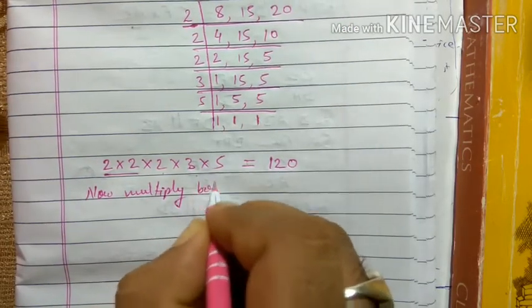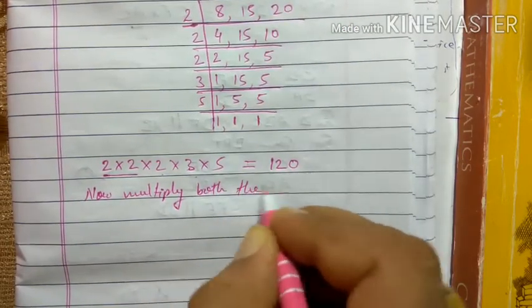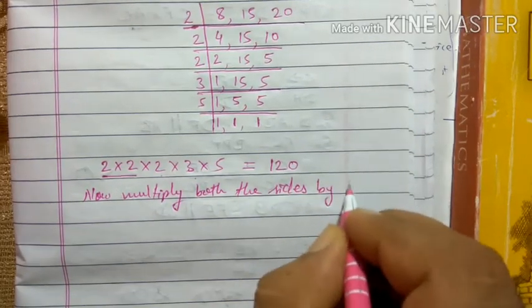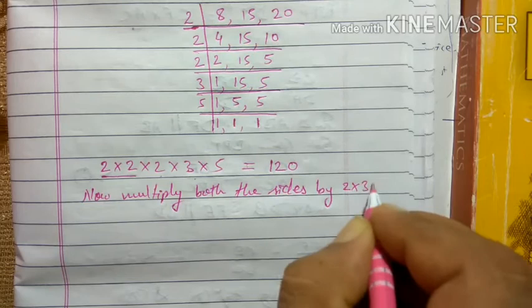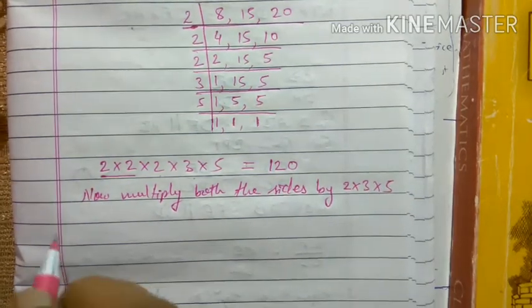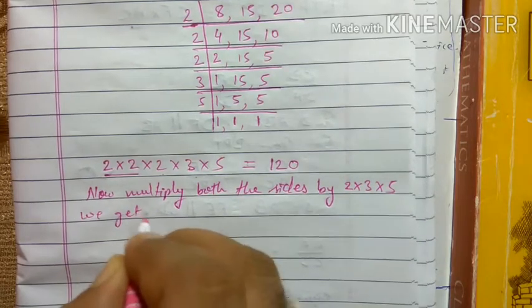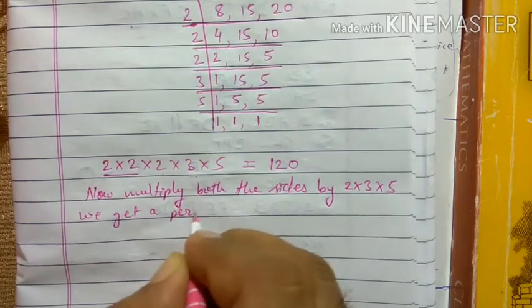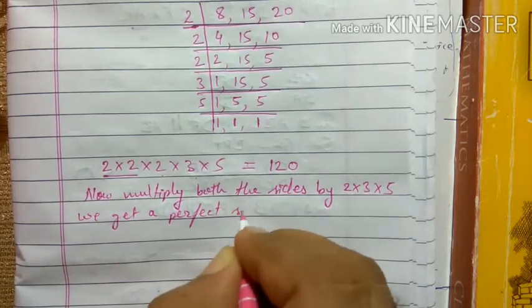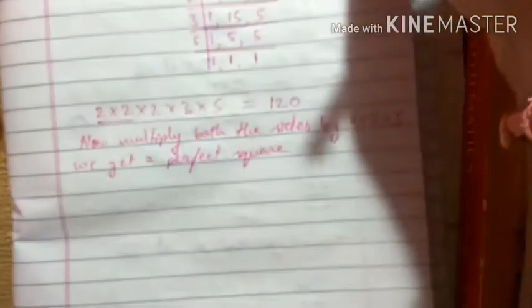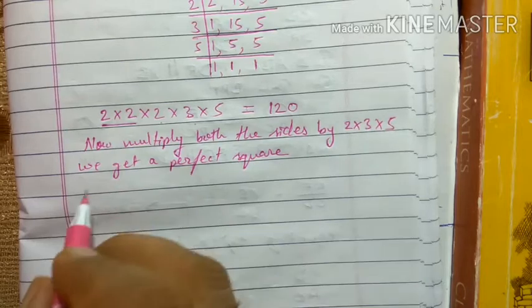Multiply both the sides by 2 into 3 into 5. Okay, we get a perfect square, right?